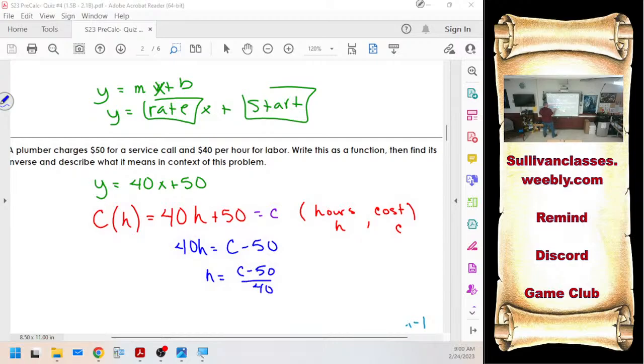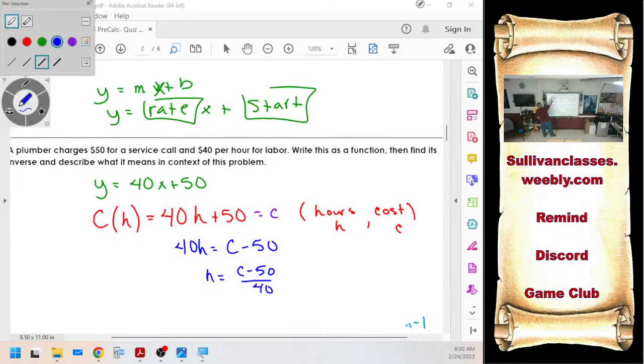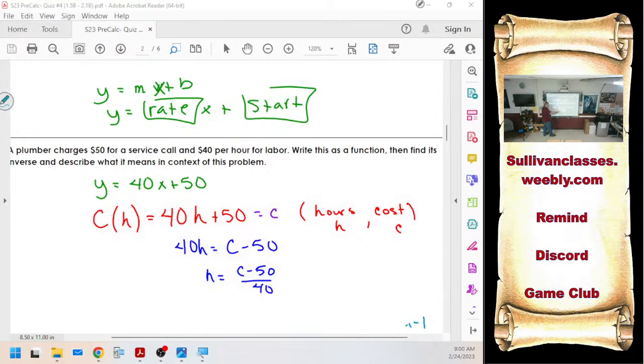If I want to write that back into function notation, now aren't I finding the hours in terms of the cost? So I'll say H of C is C minus 50 over 40. So now I have cost is my input, hours is my output.